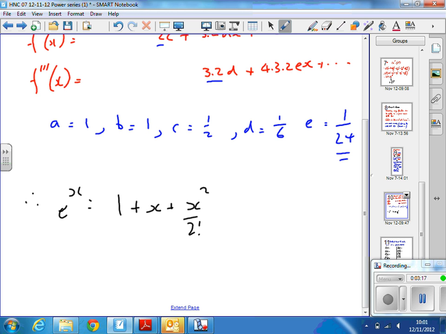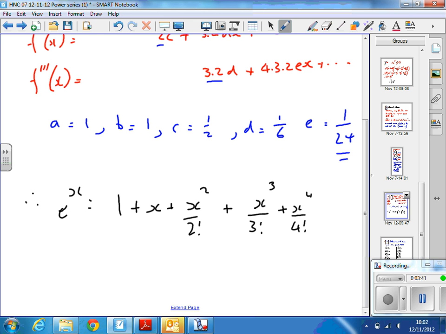So to keep the pattern going, we could write that as 2 factorial. Plus, we've got the x cubed now. What's the value of the coefficient that goes in front of the x cubed? This is 1 over 3 times 2, so this is over 3 factorial, and so on.